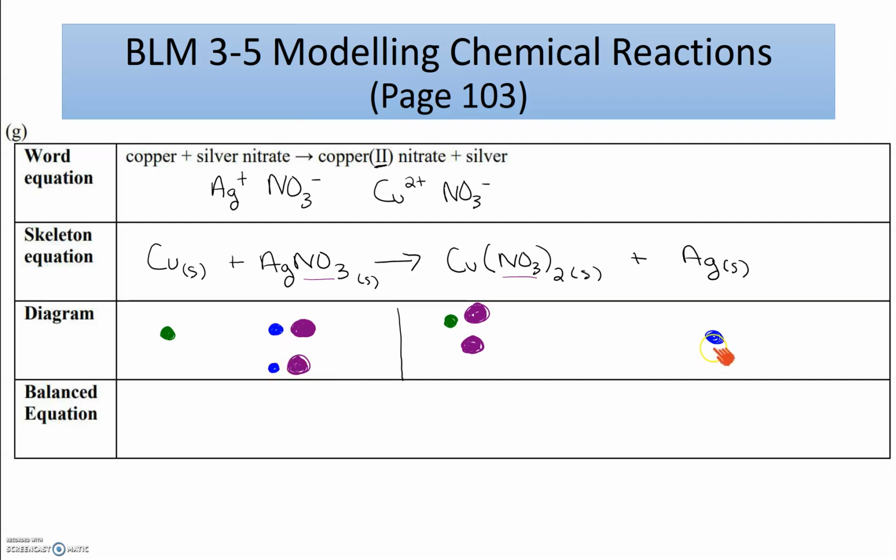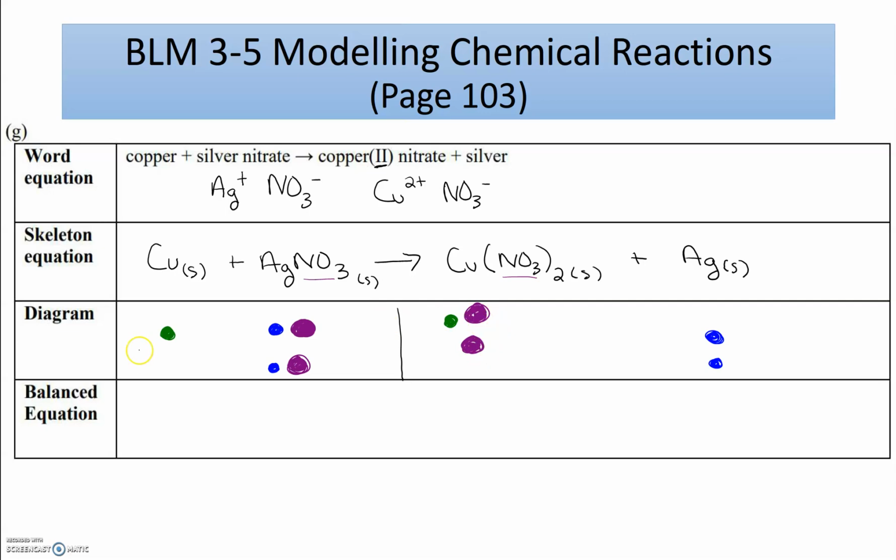So that means I'm going to need to add another silver to my product. And when I take a look at how many diagrams I've got there, my green copper is balanced, my blue silver is balanced, and my purple nitrates are also balanced now.